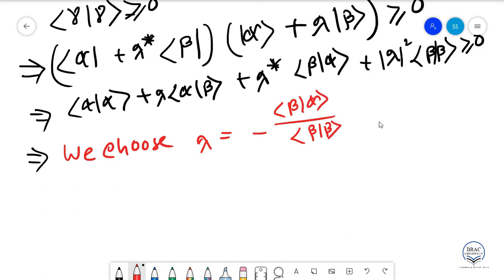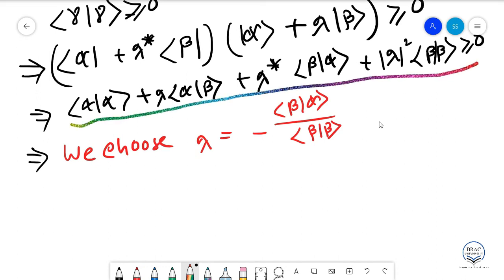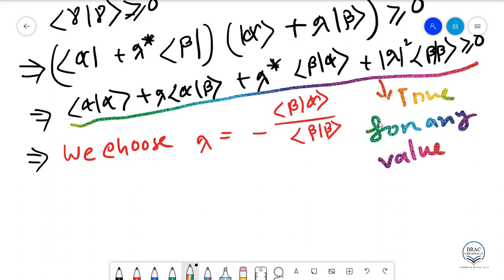Because this is a very tricky way to do this proof in a very short amount of time, and this relationship that is appearing over here is always true for any value of lambda. So true for any value of lambda.